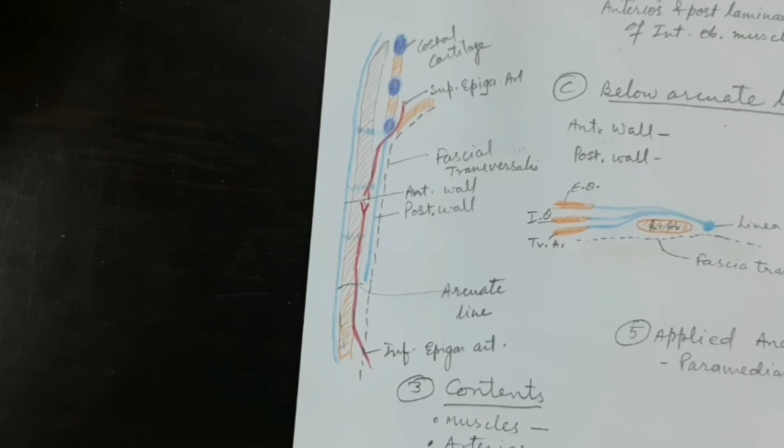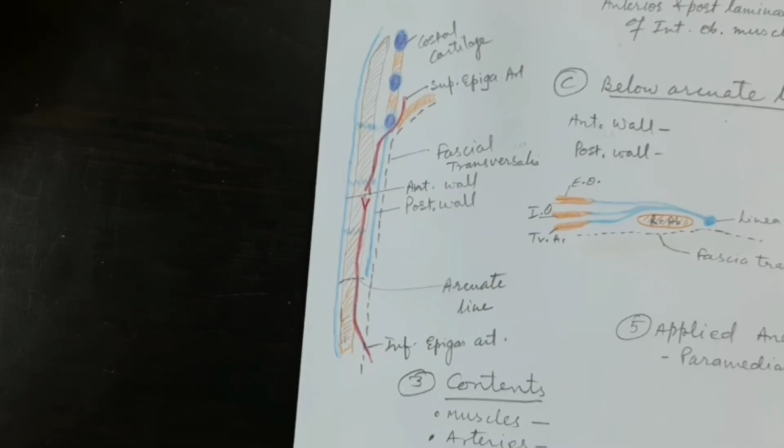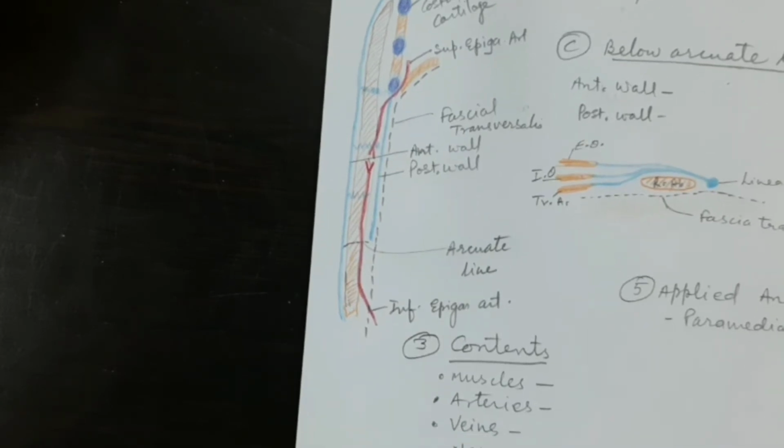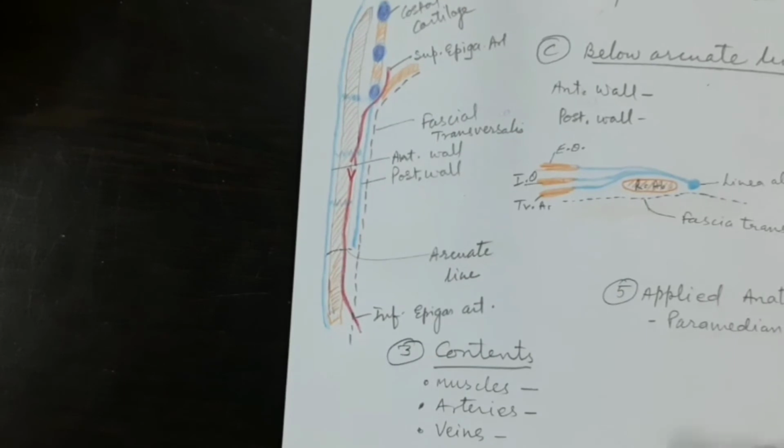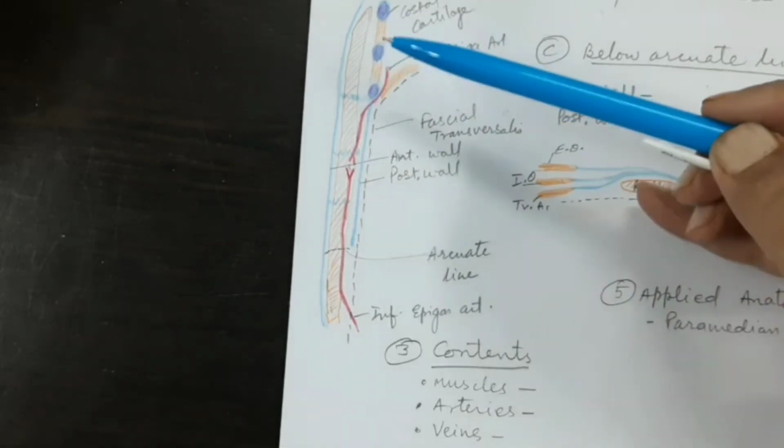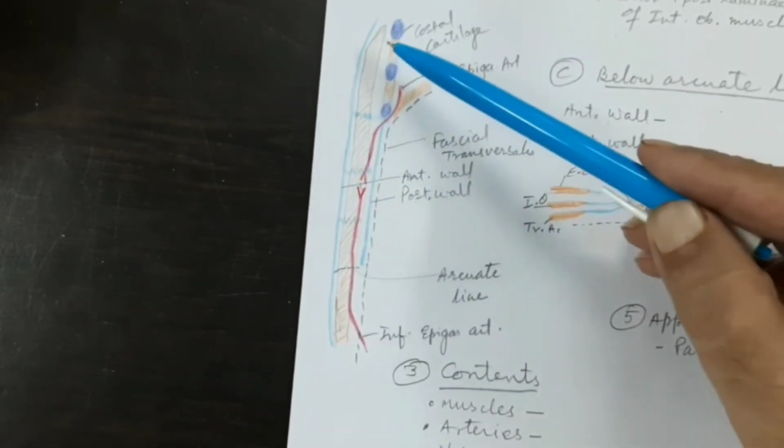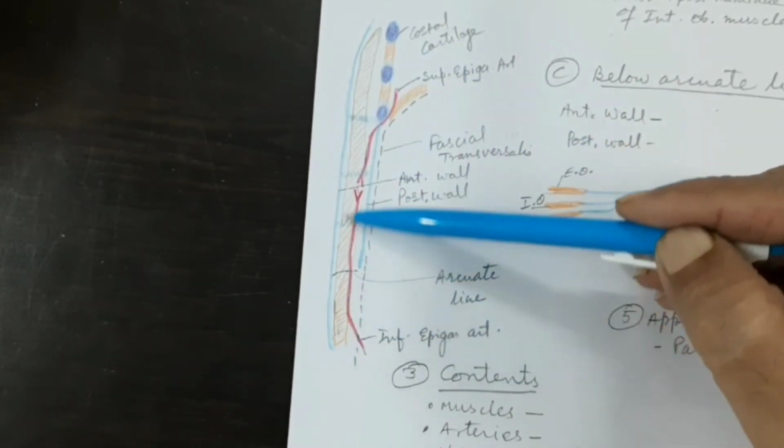Let us now come to the contents of the rectus sheath. That means, what are the structures present between the anterior and posterior wall of the rectus sheath. Number one, it is the muscle which it is enclosing. Which is that muscle? It is the rectus abdominis, a long strap-like muscle.